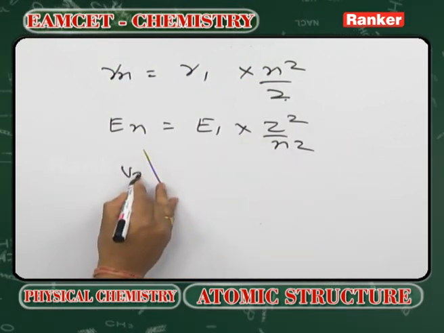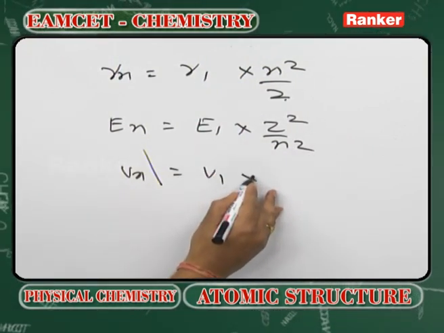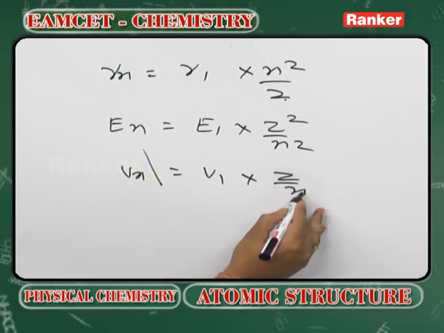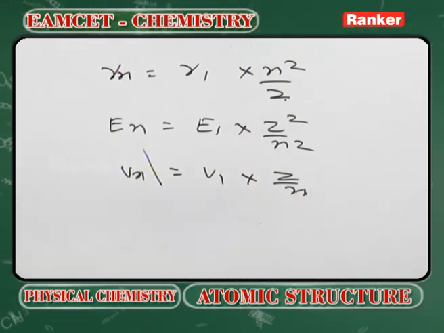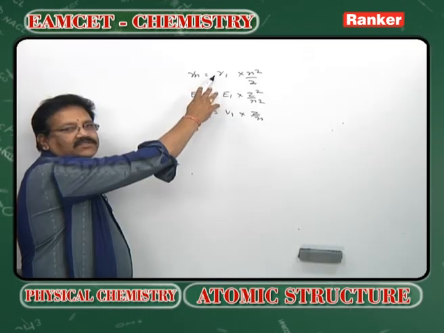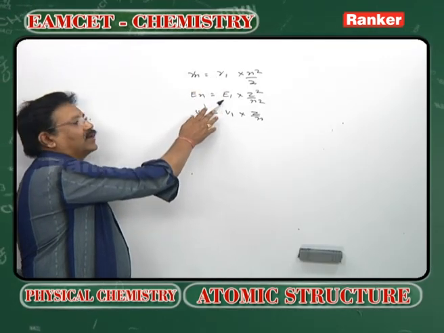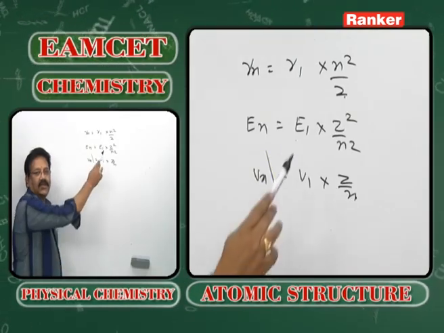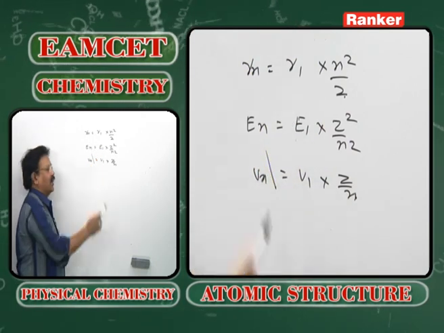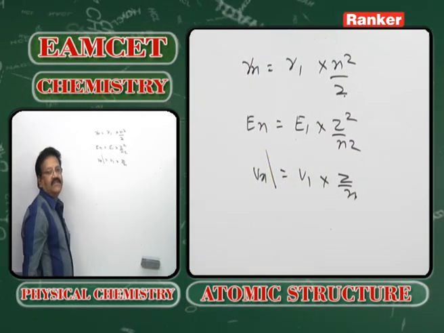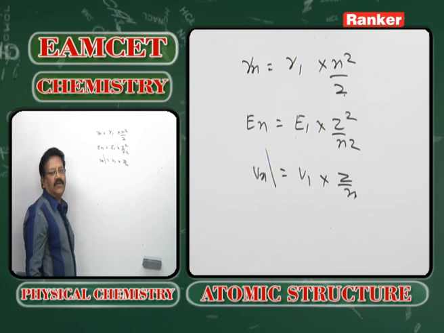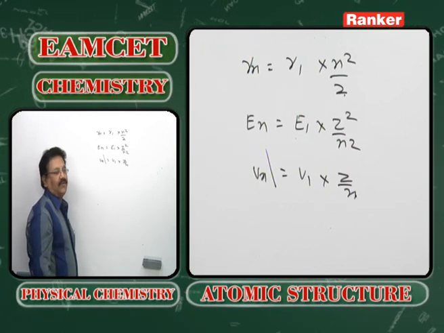Vn is equal to V1 into Z by n. What does R1 stand for? Radius of the first orbit in the hydrogen atom. What does E1 stand for? Energy of the electron in the first orbit of the hydrogen. And what does V1 stand for? Velocity of the electron in the first orbit of the hydrogen atom.